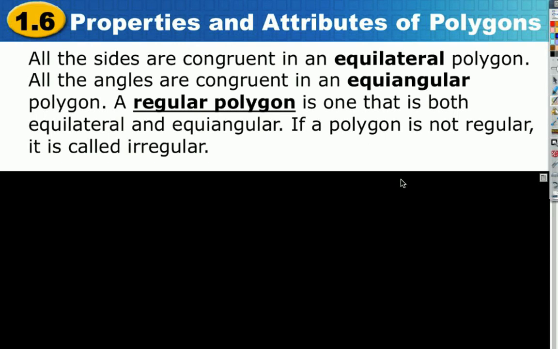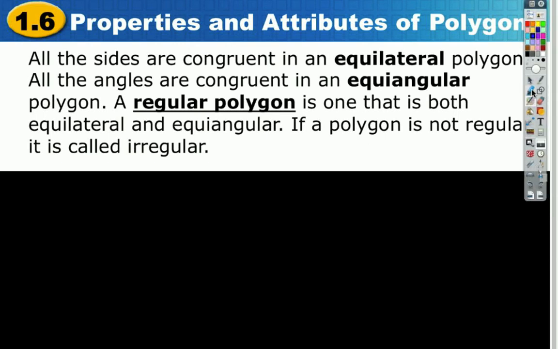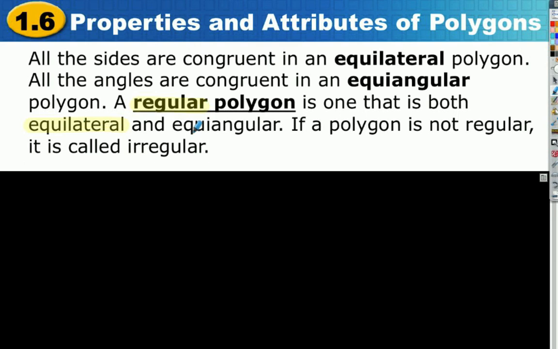A regular polygon is both equilateral and equiangular. So you have to know off the top of your head that regular, when we talk about polygons, means equilateral and equiangular. If a polygon is not regular, then it is called irregular.